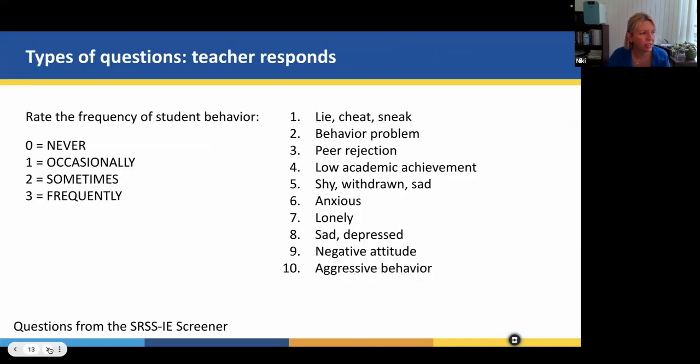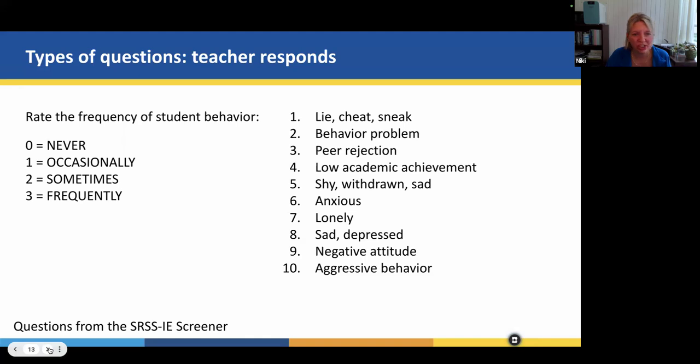Some types of questions that you might see. Here is an example from a screener called the SRSS-IE, Student Risk Screening Scale. I don't know, hopefully I'm not being tested here.